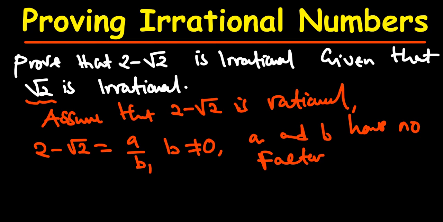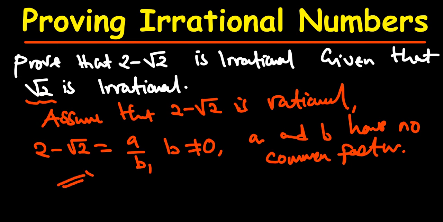Okay, so this is the assumption that we always make when we are solving such questions. You assume the opposite of what you want to prove. So after you assume this, then you can go on with your proof.